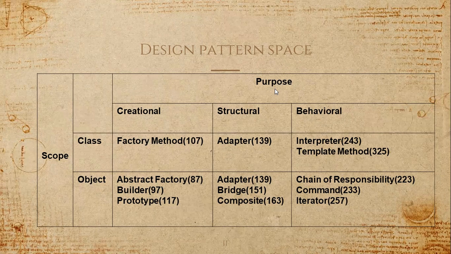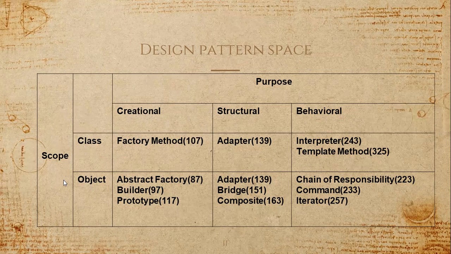We have seen that the creational patterns concern the process of object creation, the structural patterns deal with the composition of classes or objects, and the behavioral patterns characterize the way in which these classes and objects interact and distribute responsibility. Whereas coming to the second criterion, that is scope, this scope specifies whether the patterns apply primarily to classes or objects.